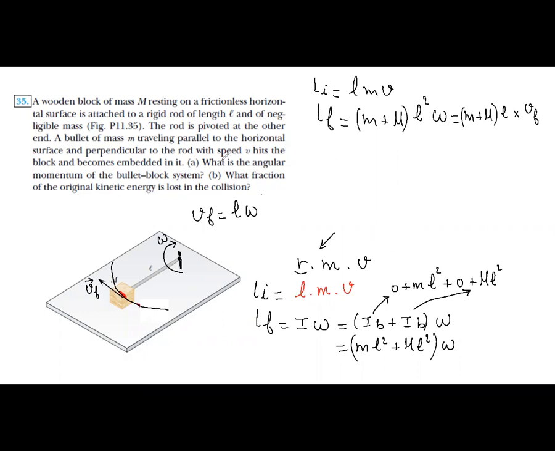Now, what is the angular momentum of the bullet-block system? We calculated L initial and L final. If you want, I can ask you to calculate v final.